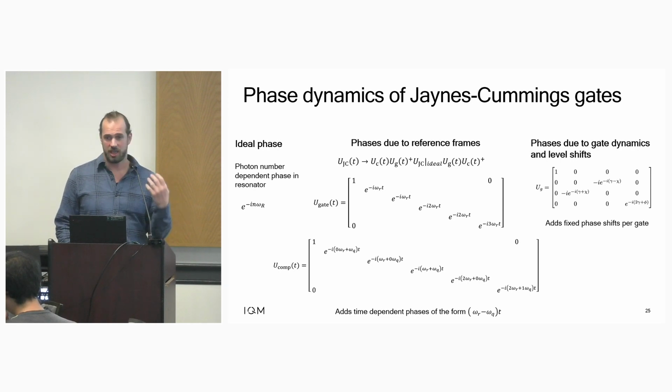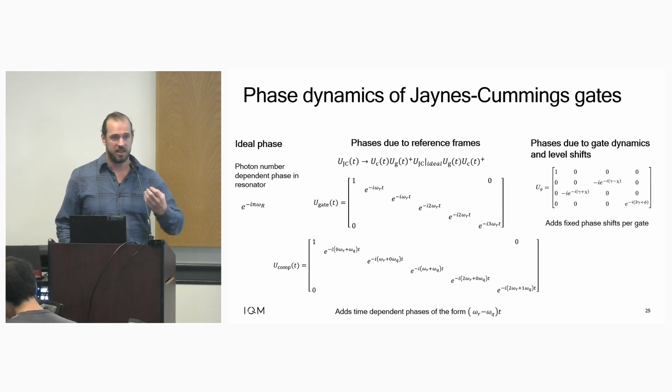And usually, we think about our quantum information in the rotating frame to remove all time dependence. That is, we have a computational frame where every element is rotating at its idling configuration. Now we need to think about a different frame, which is the frame of the interaction.